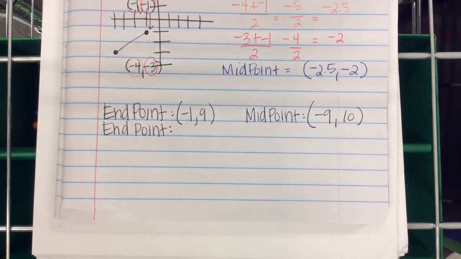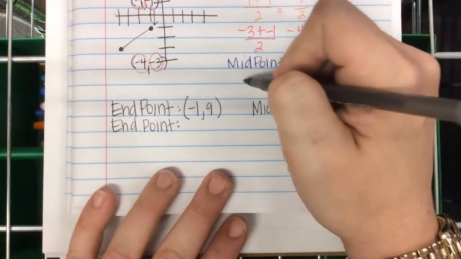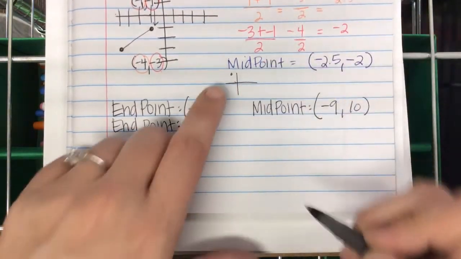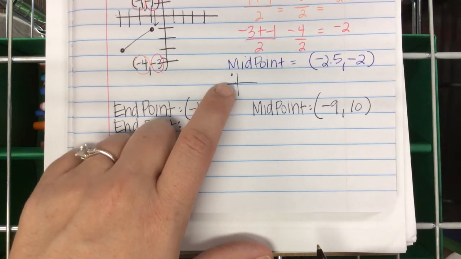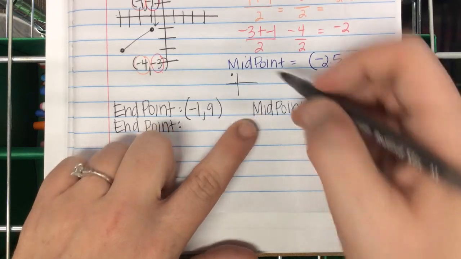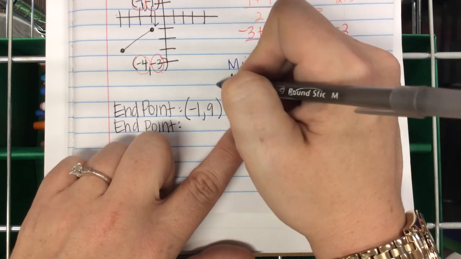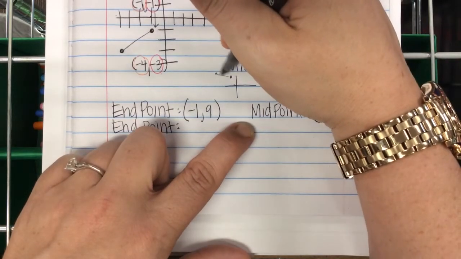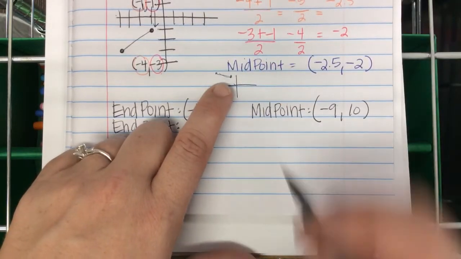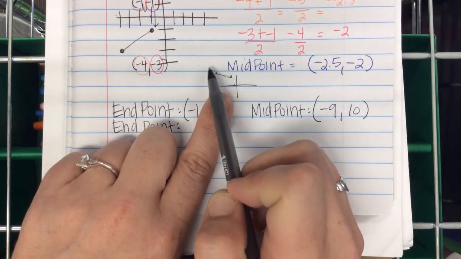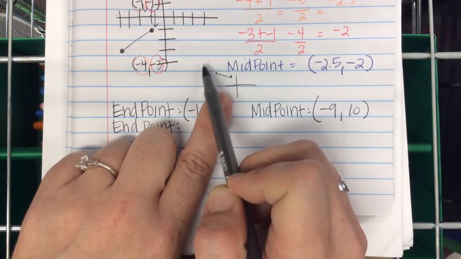So I'm going to draw a sketch. It doesn't have to be perfect. But I know that the endpoint's right there, negative 1, 9. And I know that my midpoint is negative 9, 10. So that's half my line. I want to know, where is the other point going to go?